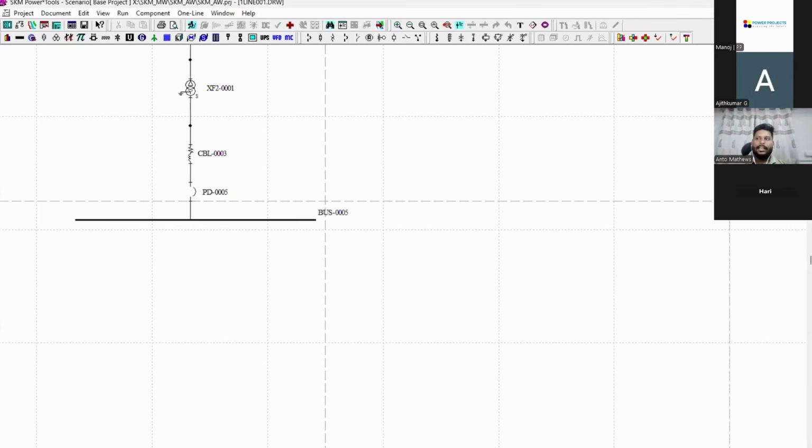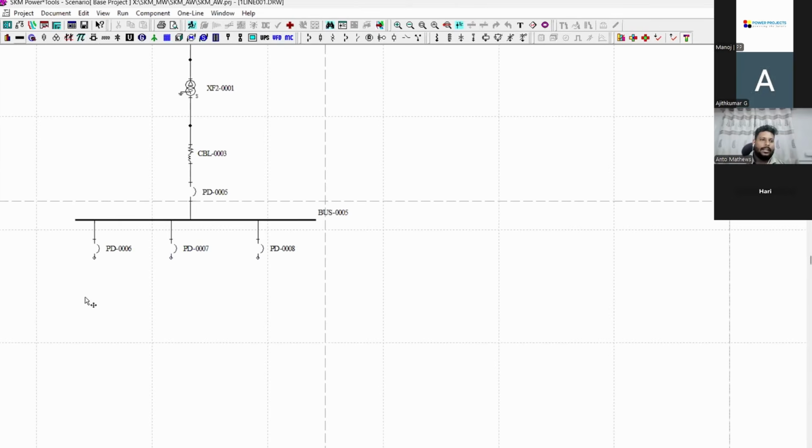After this, I'm going to use 3 outgoing feeders feeding motors. I'm considering 250 HP motors and one 500 HP motor. So let me model the motors. For a motor, again I have to have an LV breaker. I know I'm having 3 switchgears, so let me take a breaker first and connect it.